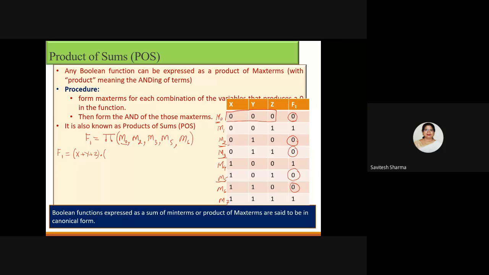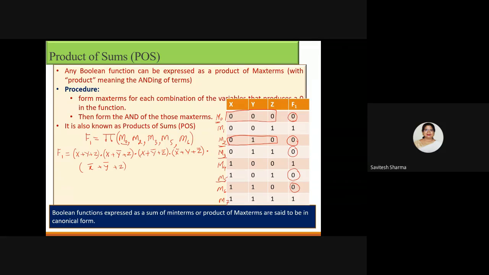This is my M2, so the expression will be X, now Y is 1, so you write Y bar, plus Z. Dot, for M3 it will be X plus Y bar plus Z bar. Dot, X bar plus Y plus Z bar. Dot, X bar plus Y bar plus Z.